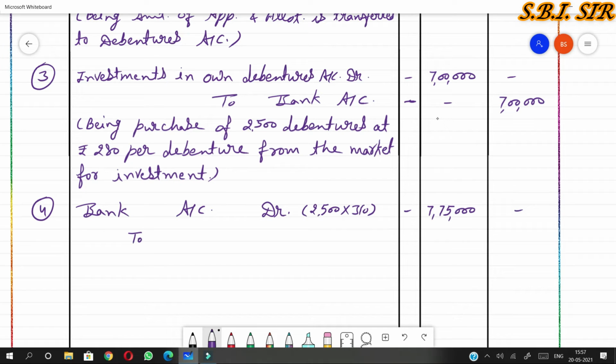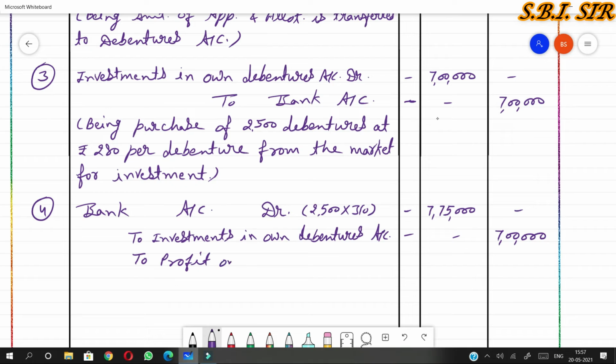To investments in own debentures account, and here the amount will be 7 lakh, and the difference amount is to profit on sale of investment account, 75,000.